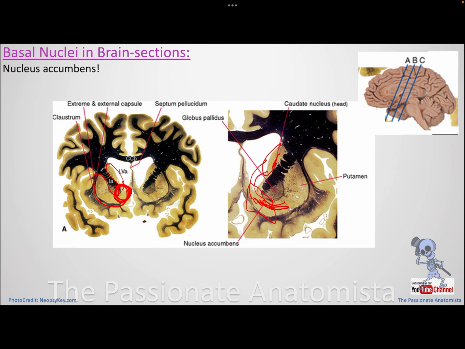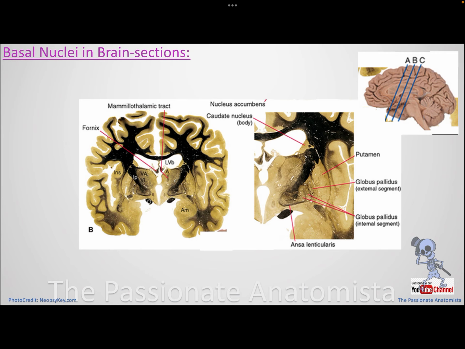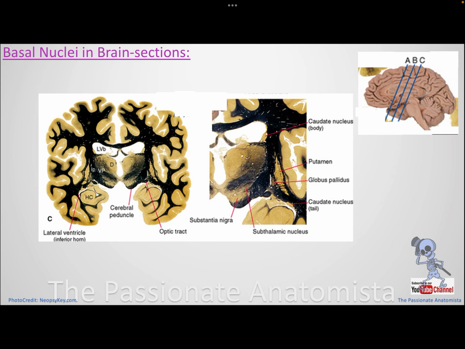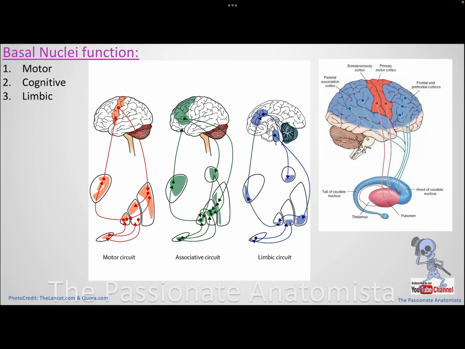So the continuation between the medial guys and lateral guys is what we call the nucleus accumbens, and that has an important feature in the limbic system. These are more sections, they are not so good, but the nucleus accumbens is important for limbic system function.